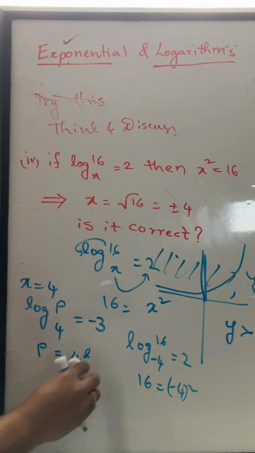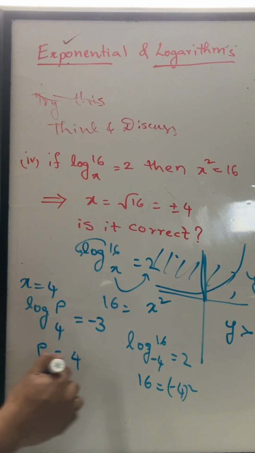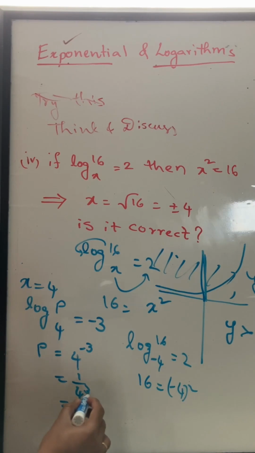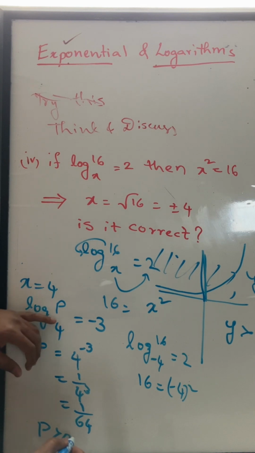When it is negative 3, it is 1 by 4 cube. It is 1 by 64, right? So this is a p value greater than 0. That is what we thought, right?